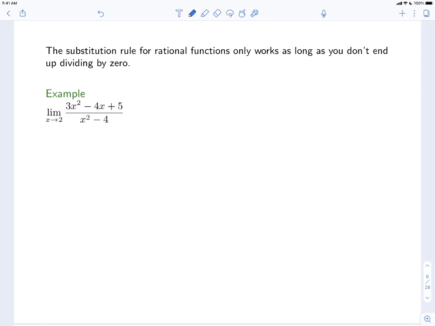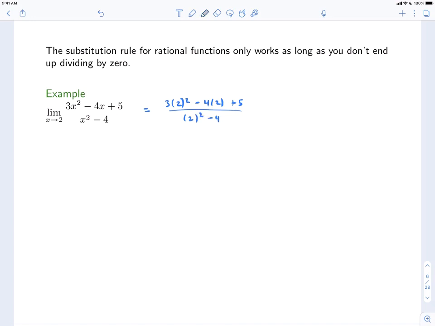However, the substitution rule for rational functions only works so long as you don't end up dividing by 0. In this case, we can't use the substitution rule because x equals 2 is a 0 of the denominator. So if we tried to use the substitution rule, we would have 3 times 2 squared minus 4 times 2 plus 5 divided by 2 squared minus 4.